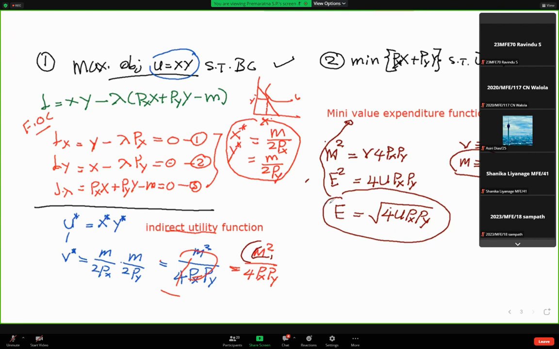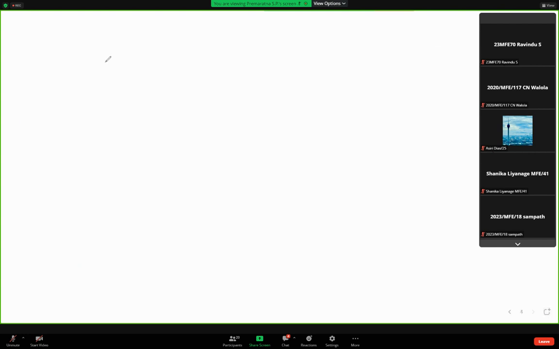Now, one more thing. Take the utility function we already had, the indirect utility function. You saw that it's a function of prices and the money m, px, py.